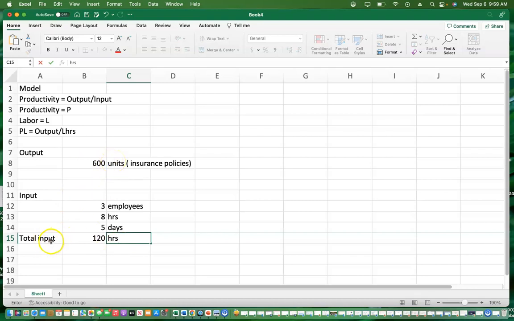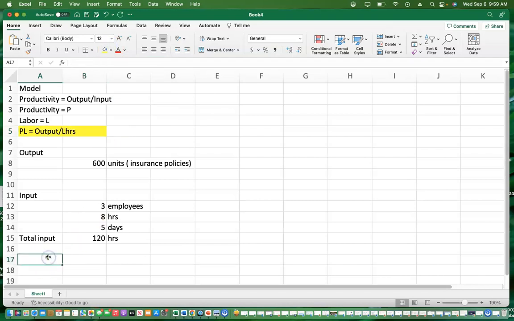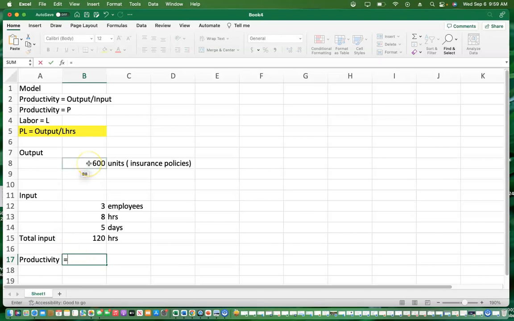Since we have total input and also output, we can apply this formula to find the labor productivity. I'm going to write here productivity, and put an equal sign. I will click on 600 policies per 120 hours. If you enter, you will see that we have 5.